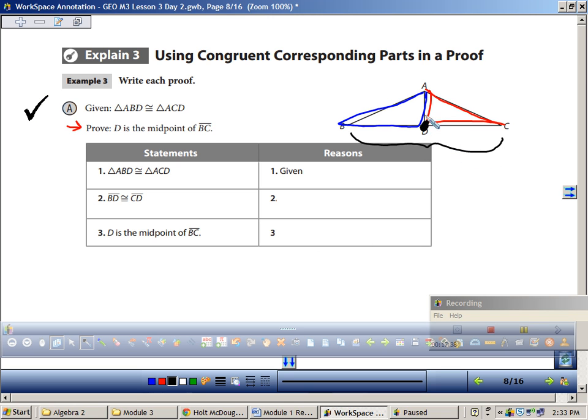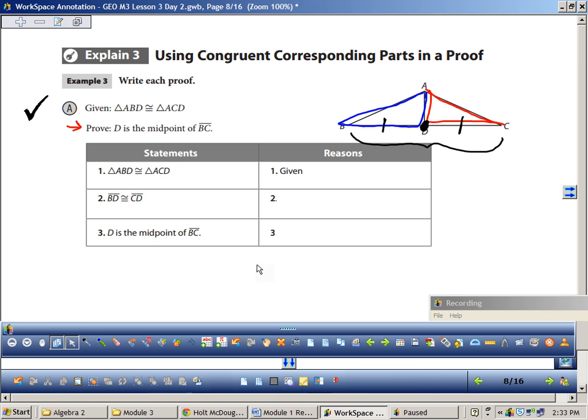Well, if it's the middle, what do I know about these two? That their measures are equal or that they're congruent, right? Well, doesn't that take me back to, yeah, I know that they're congruent because the whole triangles are congruent, right? So I just worked my way backwards.